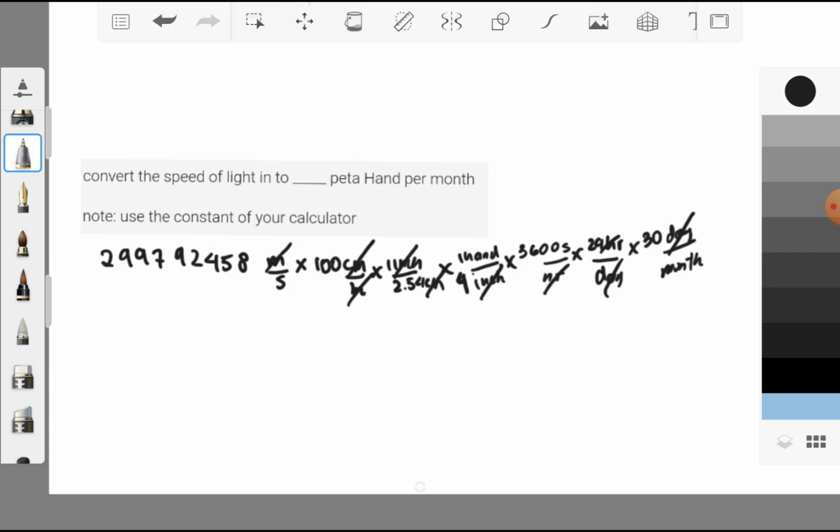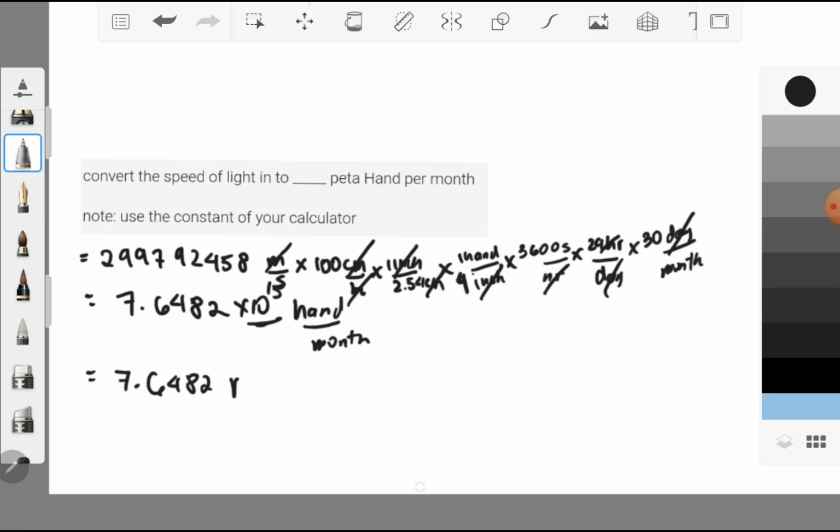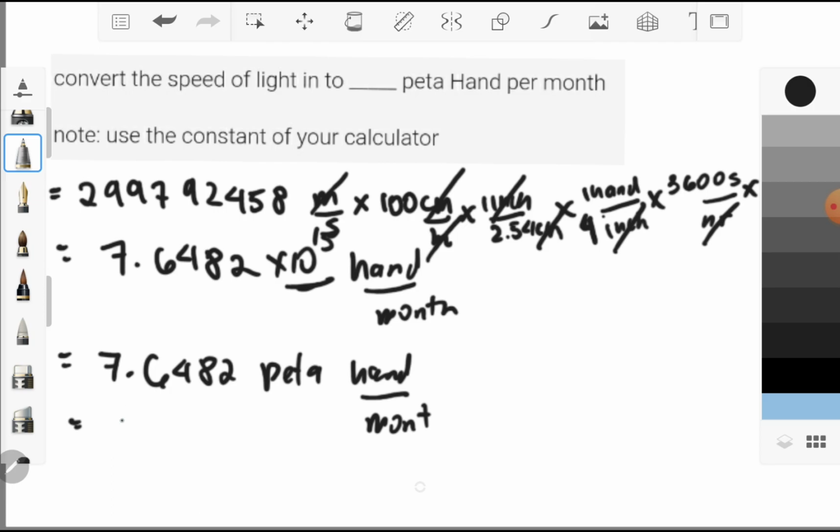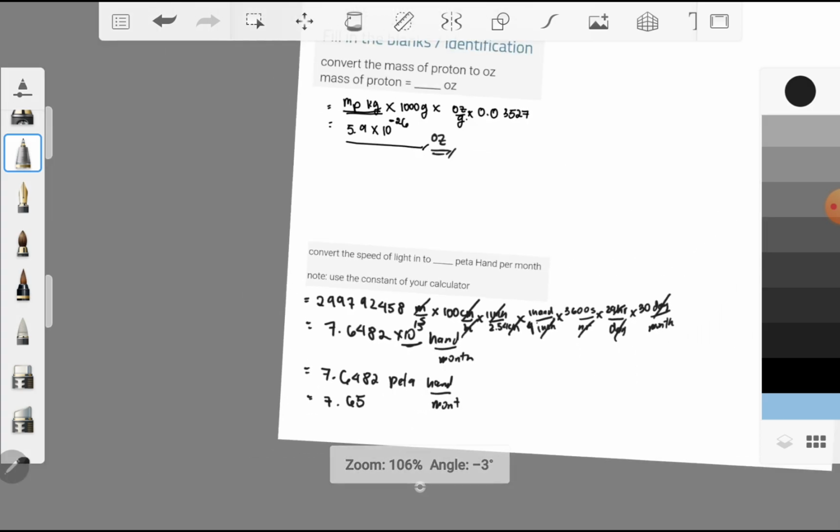So we'll have a value of 7.6482 times 10 raised to 15 hand per month. Take note that this prefix 15 stand for your peta. 7.6482 petahand per month. Okay? But in my instruction, so I will accept 7.65 petahand per month. Okay?